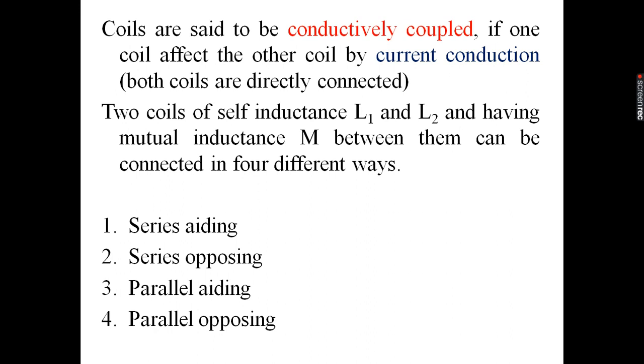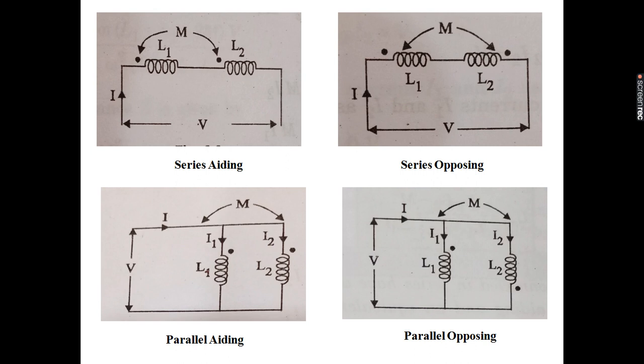Now let us go through the diagrams to see how those configurations look. Here you can see series aiding and series opposing. In these two cases the coils are connected in series across a common source, and in parallel aiding and parallel opposing, the two coils are connected in parallel across a common voltage source.